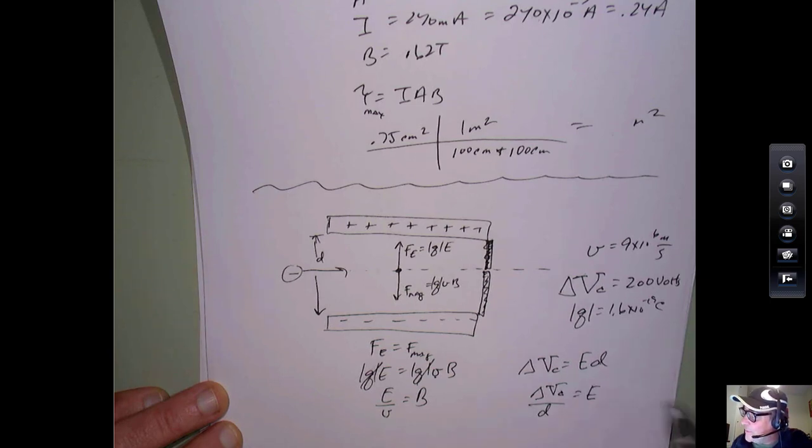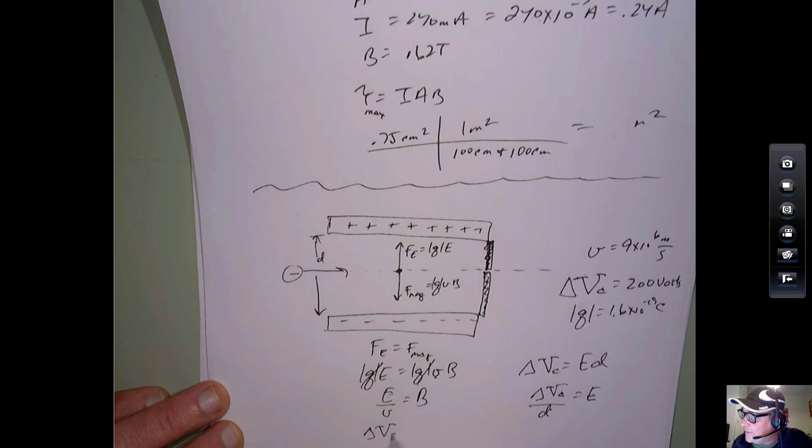Why am I doing that? So I could take this and plug it in here, and then I could actually do the problem. Okay? So now if you want, you could do it at this point, figure out what the electric field is, voltage across the capacitor divided by D, and then plug it in here, or we could plug it in right now. So electric field, voltage across the capacitor divided by D, that's what E is, and then there's still this velocity hanging out.